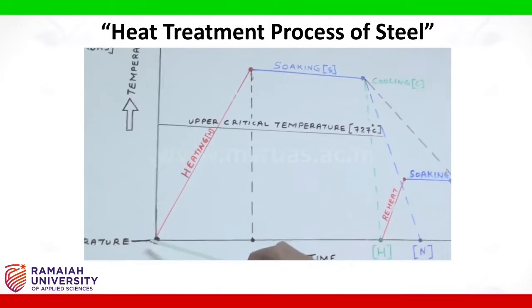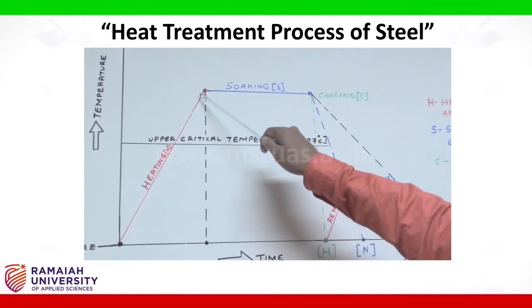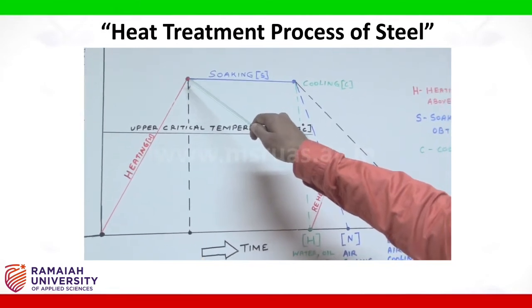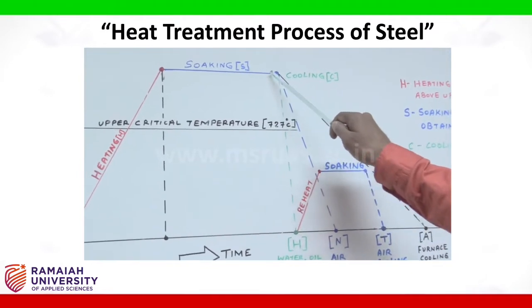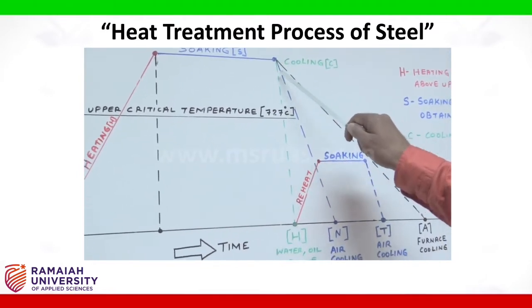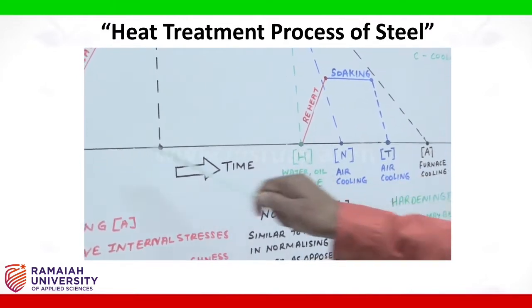Again, keep the sample in the furnace at room temperature, then start heating above the upper critical temperature. At this point start soaking to get it homogeneous, and then immediately quench it. There you can see it took less time.